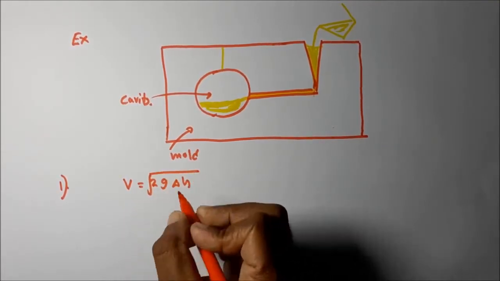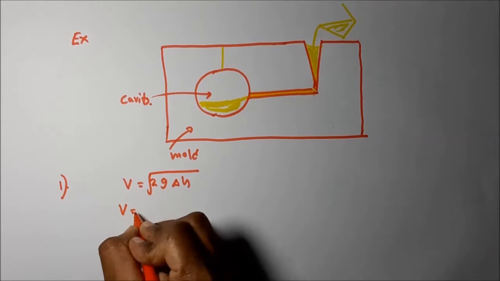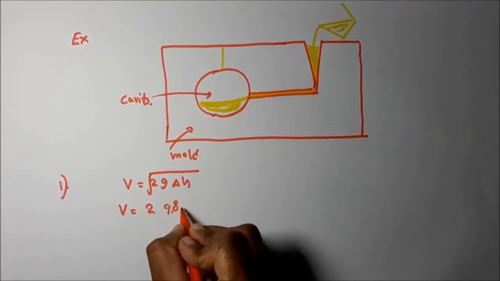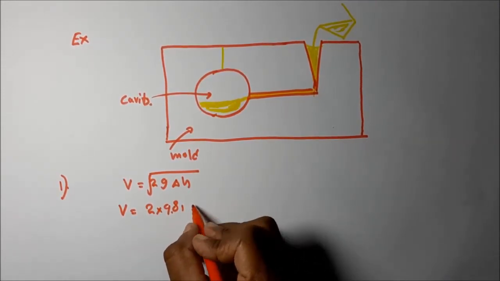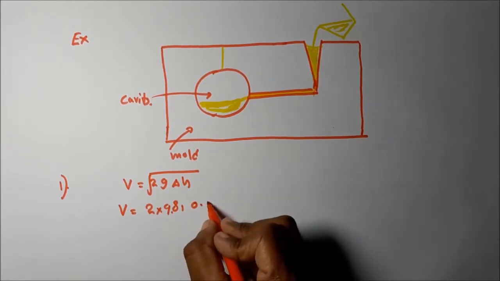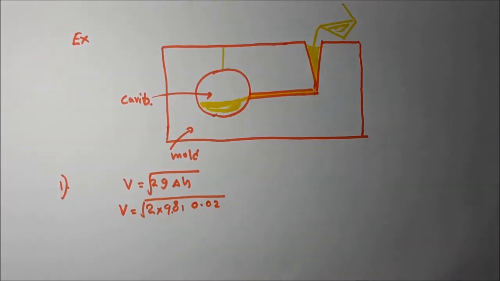All the data has been given. We just want to substitute these values in this equation to find the value. The V is equal to the square root of 2 into 9.81 into delta h. Delta h is also given. I'll convert it to meters, 0.2... Let me find the value for this one.